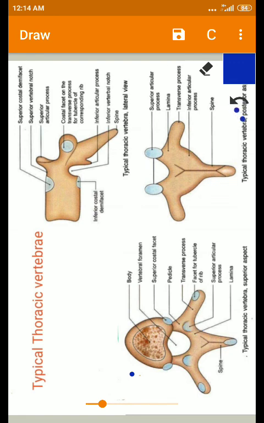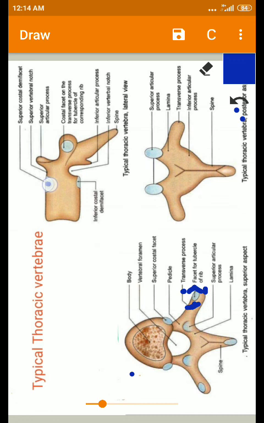The anterior surface of each process bears a facet near its tip for articulation with the tubercle of the corresponding rib. We know that the superior one articulates with the head of the rib, and that rib will have a tubercle on the medial aspect.